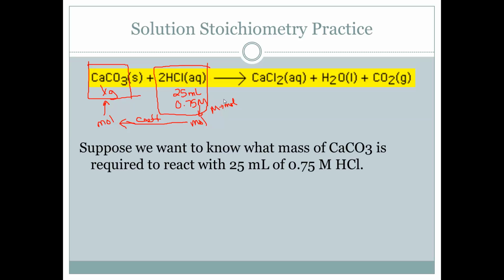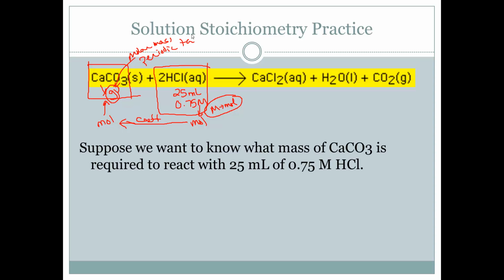Instead of using an actual conversion factor with this process, I'm going to use the equation. You can, however, make it a conversion factor if you'd like. However, I'm going to just simply use it as an equation and transfer it that way. And then to get from moles to grams, grams is our key term for molar mass, which means that we need to look at the periodic table.